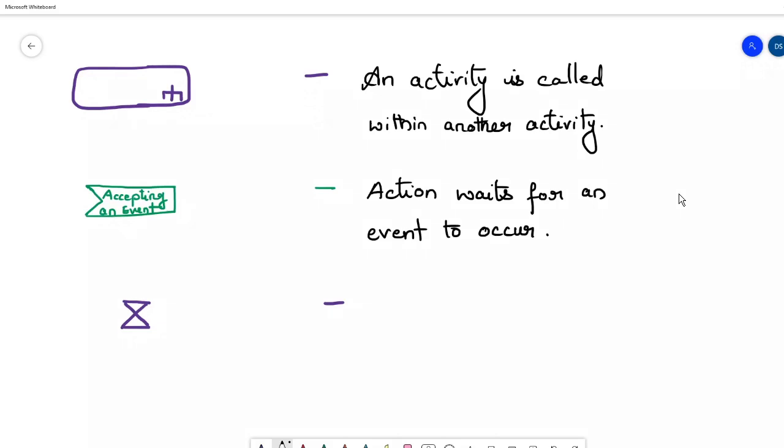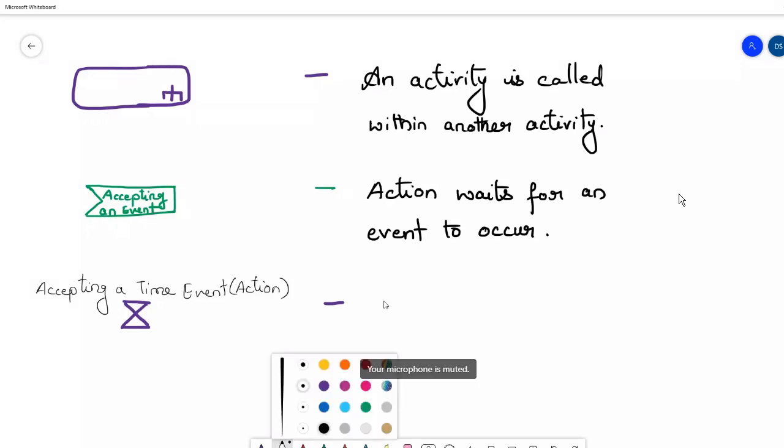This symbol defines a particular point in time, accepting a time event action. So we can say that it can be defined as accepting a time event. Means at that particular time some action has to be performed.